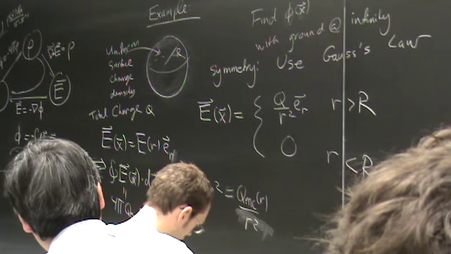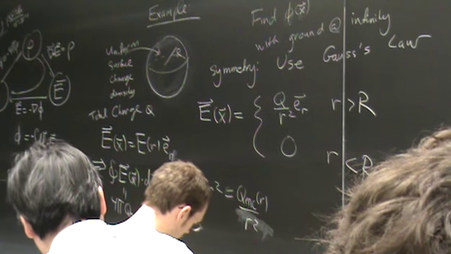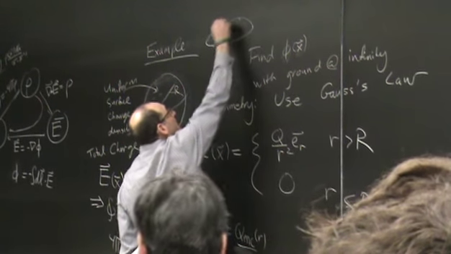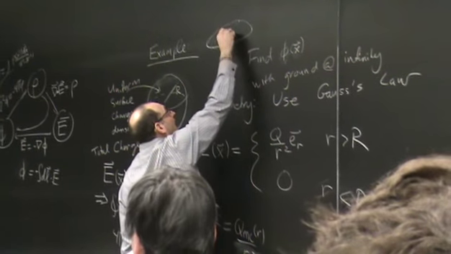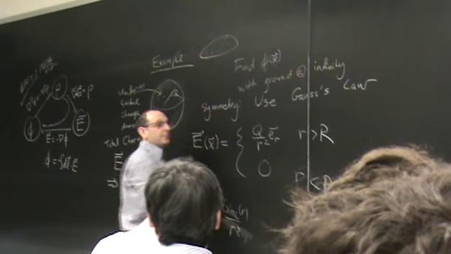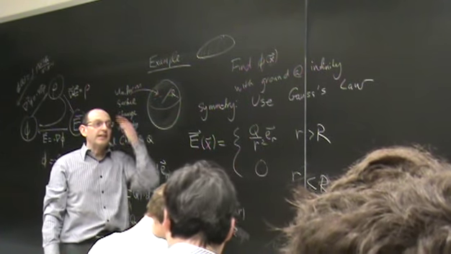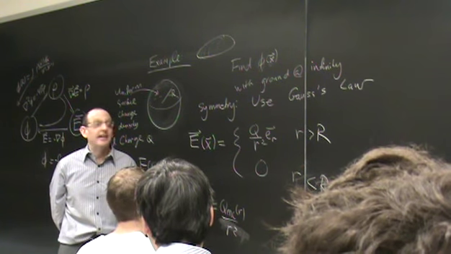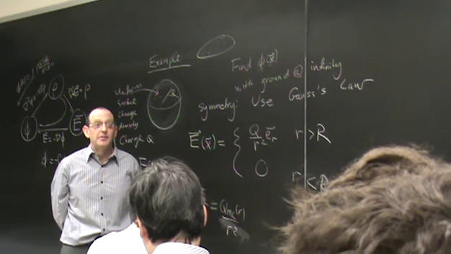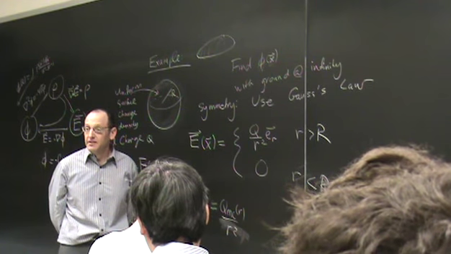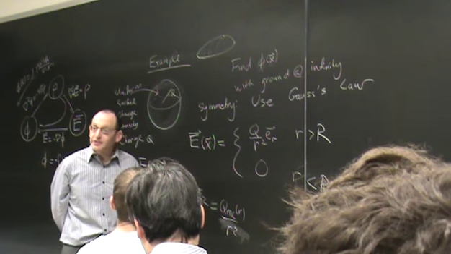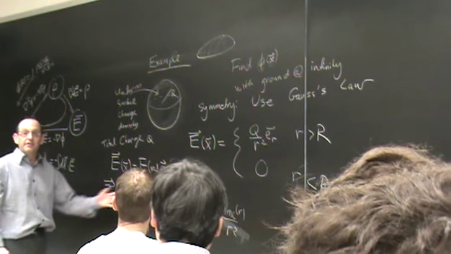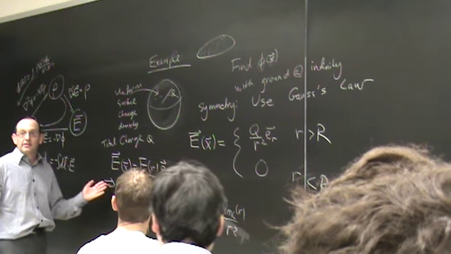Okay? If I didn't have spherical symmetry, if I have an ellipse of charge, and I ask what's the electric field inside this, it's a rookie mistake to say it's 0 because the charge enclosed inside is 0. But that's not true, because I can't factor out the electric field from the surface integral.